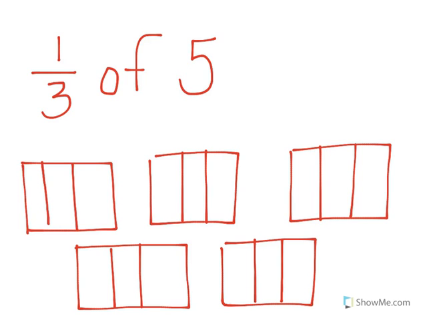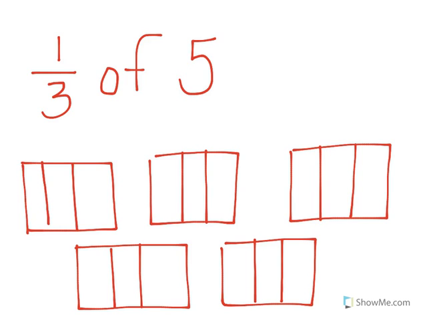I want a total of 1/3 of the 5. So if I have all these 5 things and I'm dividing them amongst 3 people, how much are they each going to get? Well, we now have a total of 15 pieces. If we divide that up amongst these 3 people, they're each going to get 5 pieces.